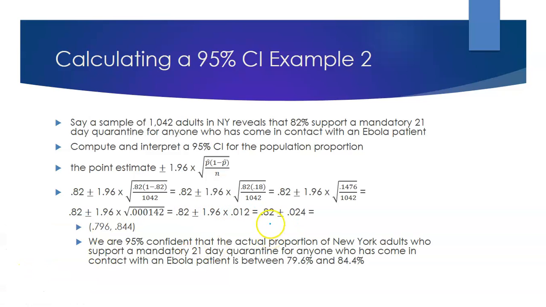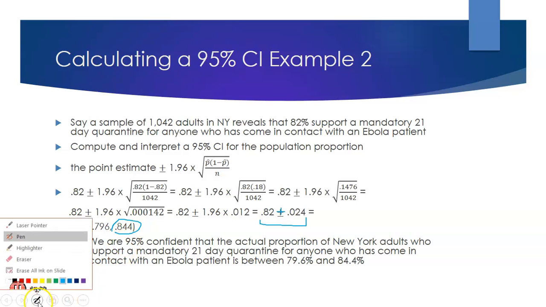Okay, so that's the steps that we take to get to the end of our equation here. So this is our very last step to get the confidence interval. So if we do the upper end of our confidence interval, that's referring to when we make the addition. So 0.82 plus 0.024. That's our upper end of our confidence interval.